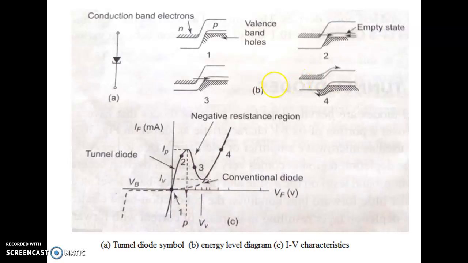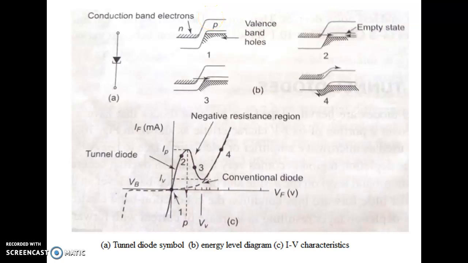One is, if there is a barrier, ideally, if you see electrons at this point, to cross this barrier, it has to cross the whole barrier in front of it. It has to move like this. This is the normal case.